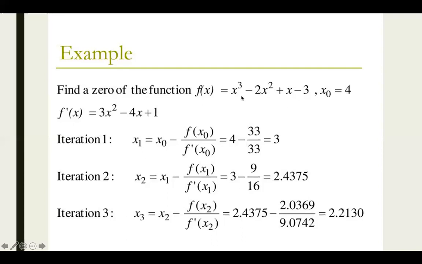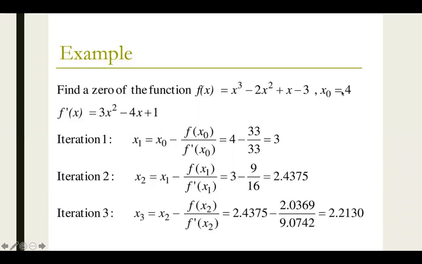So 4 cube will be 64 minus 2 into 4 square, that will be 32. 64 minus 32 is 32, plus 4 is 36, minus 3 is 33, right?